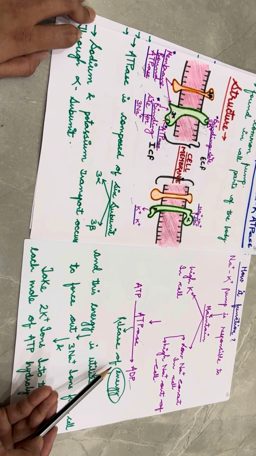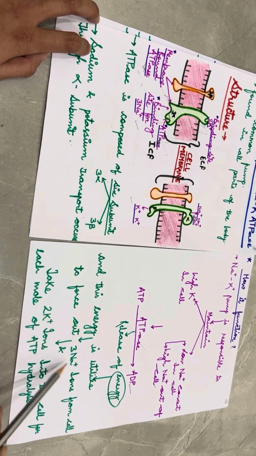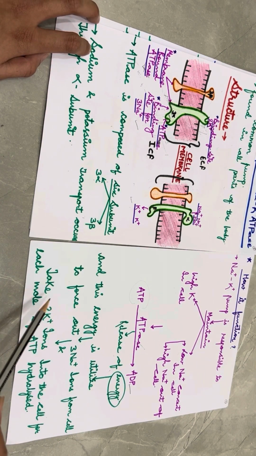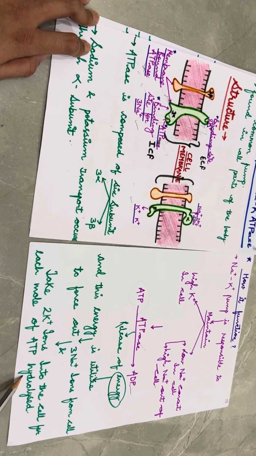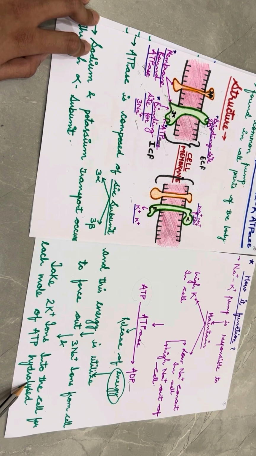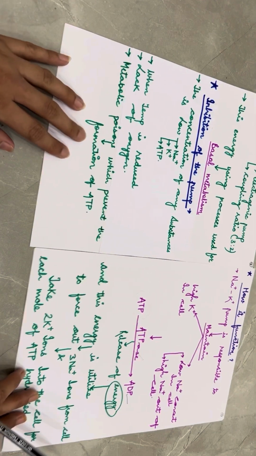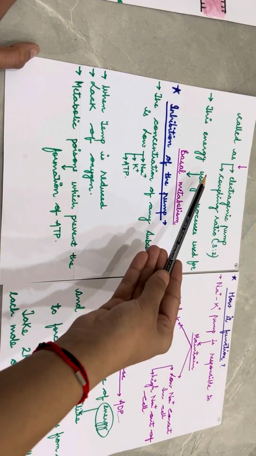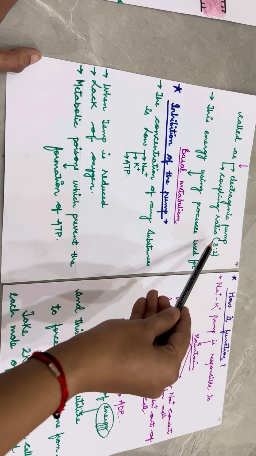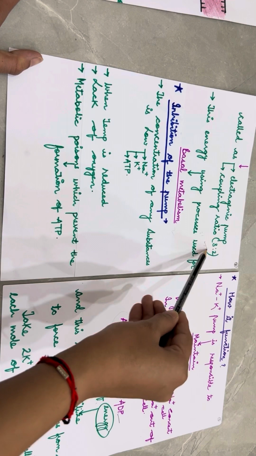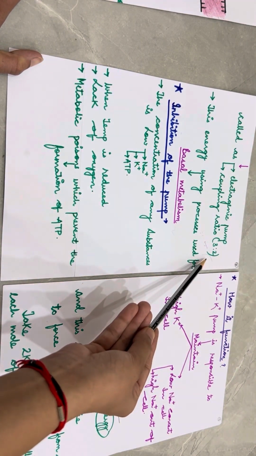This energy is utilized to force out sodium ions from the cell and take 2 potassium ions into the cell for each molecule of ATP hydrolyzed. So it is called an electrogenic pump or coupling ratio of 3:2 because it kicks out 3 molecules of sodium and brings 2 molecules of potassium into the cell.